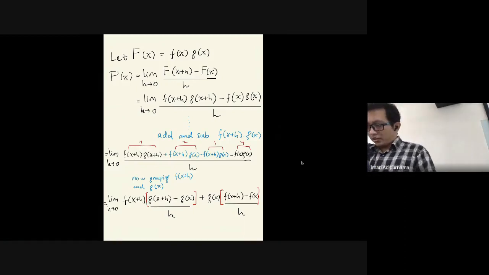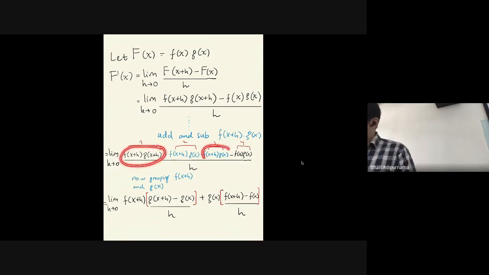Now we have all this grouping. So we add and subtract f(x+h) and g(x) here, so it becomes these two and three expressions. And now we are grouping the f(x+h) and g(x). So first the 1 and 3 grouping, and then 2 and 4.